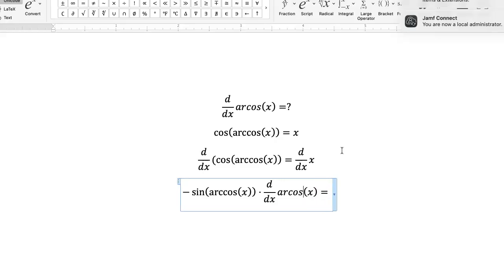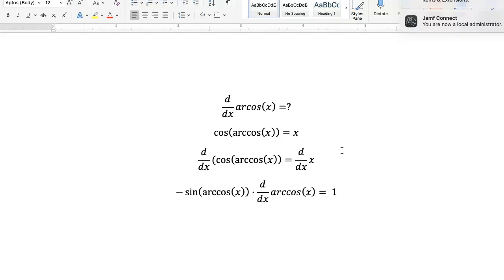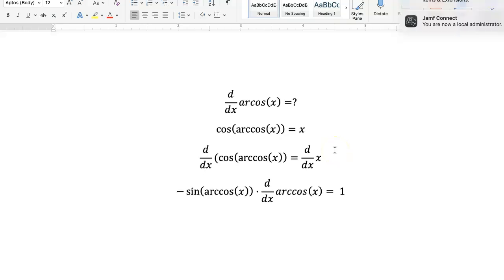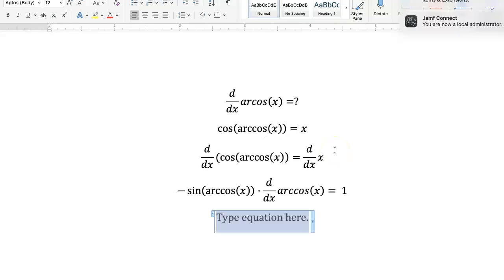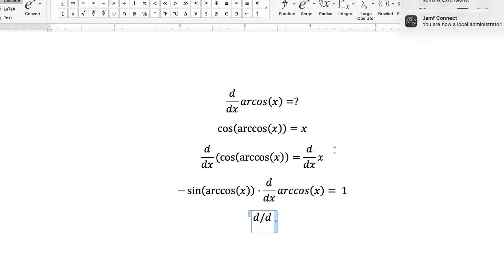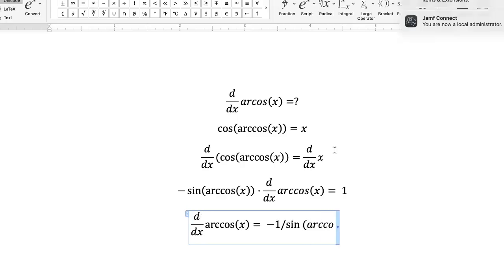And so that's 1. And so now we have d/dx arc cosine of x is minus 1 over the sine of arc cosine of x.